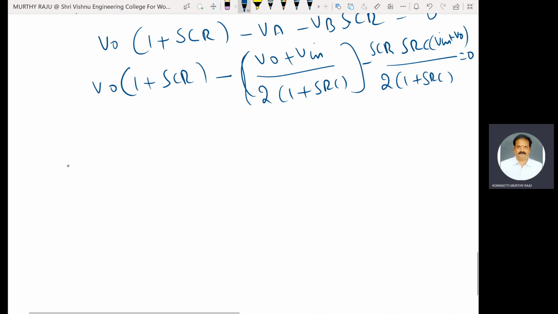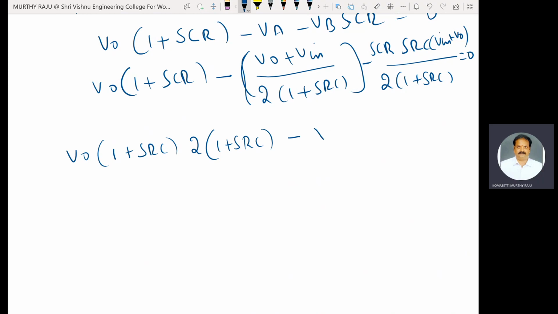Taking LCM: V0 into 1 plus SRC, 2 into 1 plus SRC, minus V0 minus Vin minus S square C square R square Vin minus S square C square R square V0 is equal to 0.